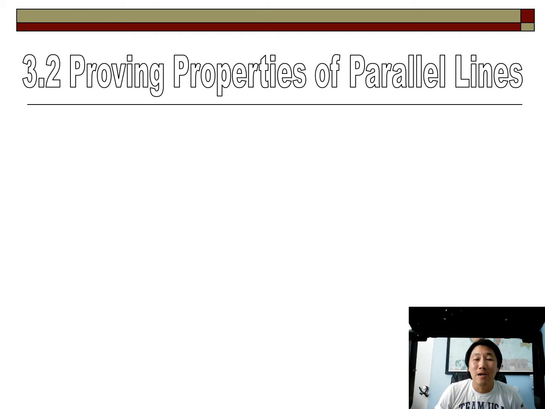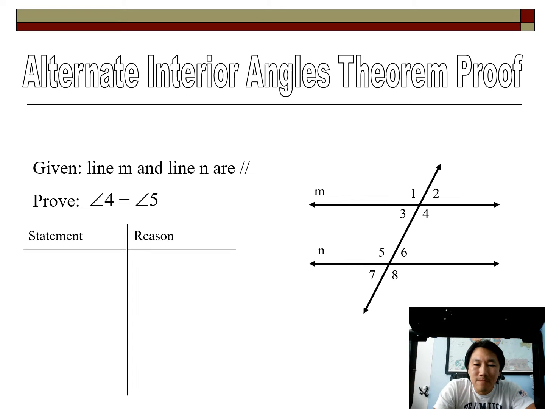3.2, proving properties of parallel lines. We're going to do more proofs today, but with the parallel lines properties. A couple of days ago, you learned what alternate interior angles were. Remember, alternate interior angles were angles on the inside, interior, and they alternate.